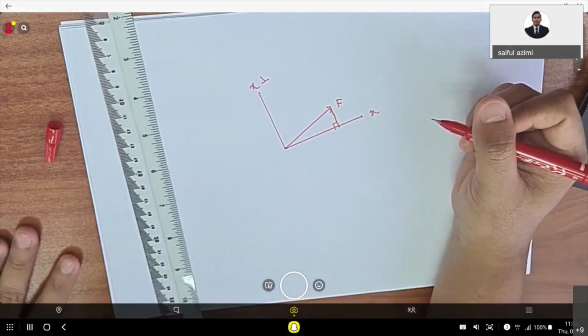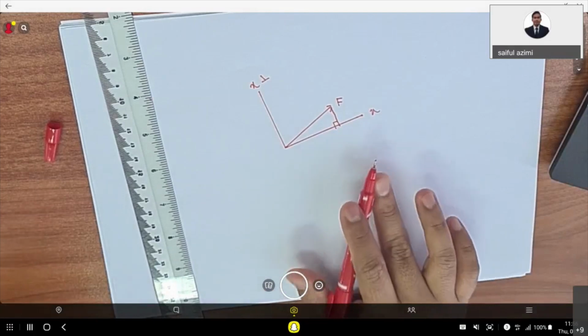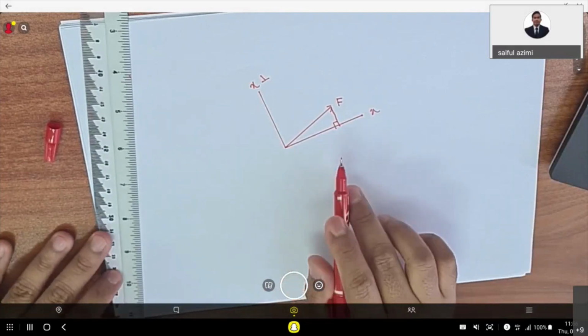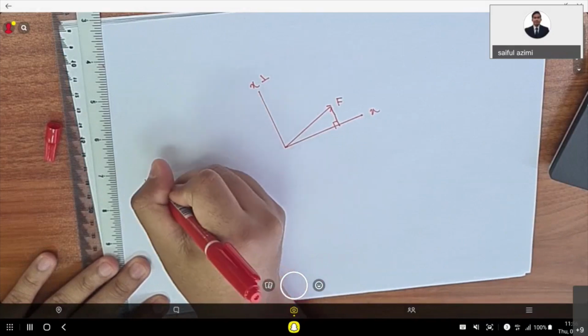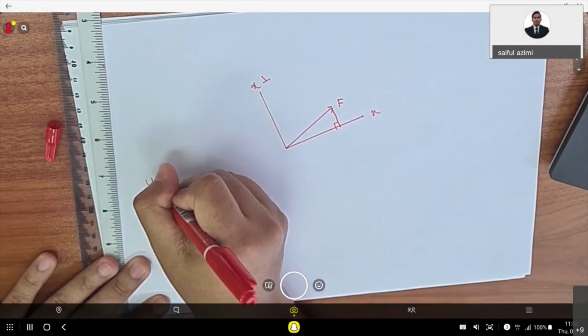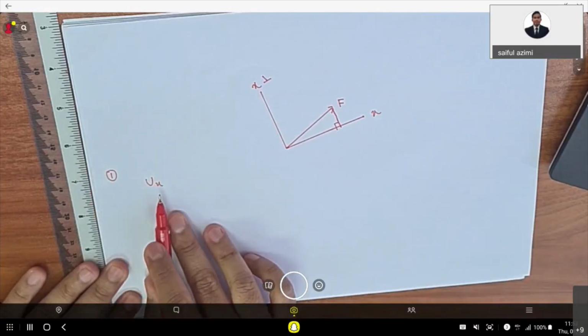And first thing first, you must find the unit vector, which is represented by the unit vector of X.